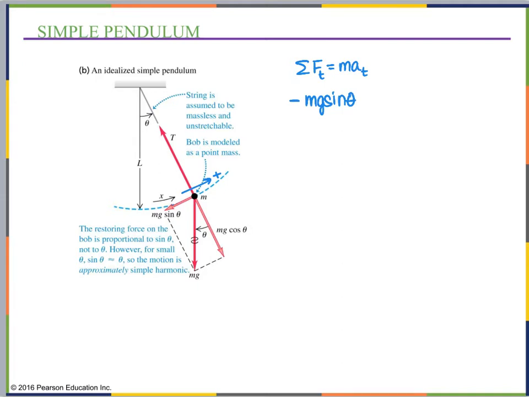And if you think about it, this is a restoring force. It's trying to bring the pendulum back down to the bottom, which is the equilibrium position. As the pendulum continues to swing this way, the weight will push it back again down towards the bottom. So that component of the weight is the restoring force in this problem.